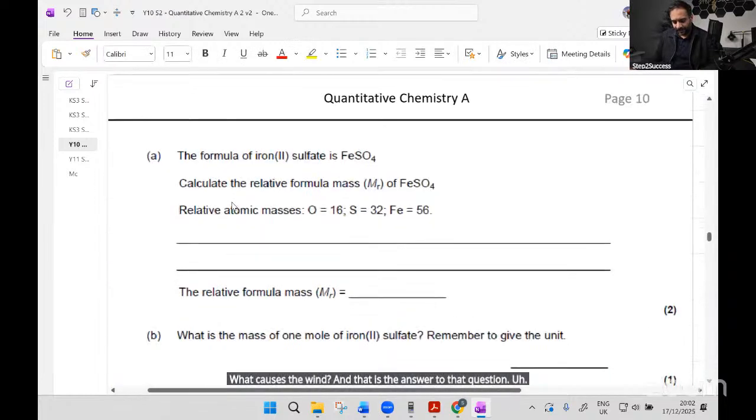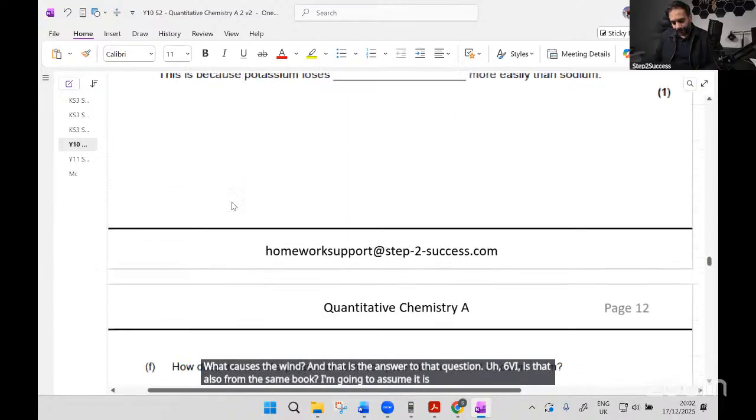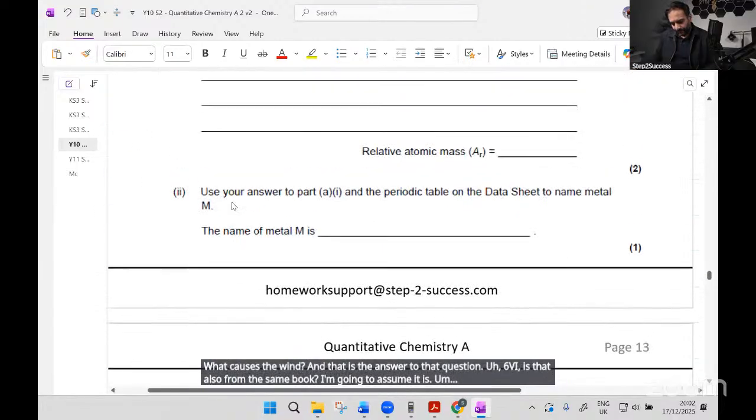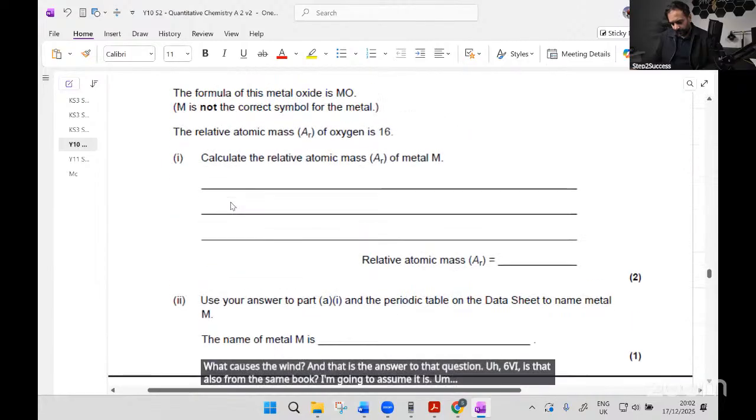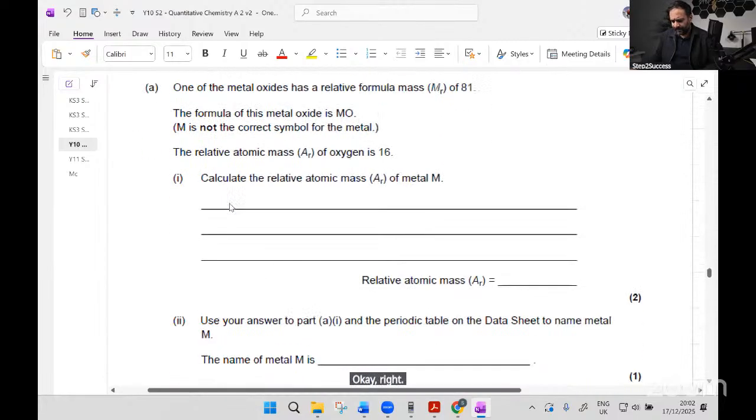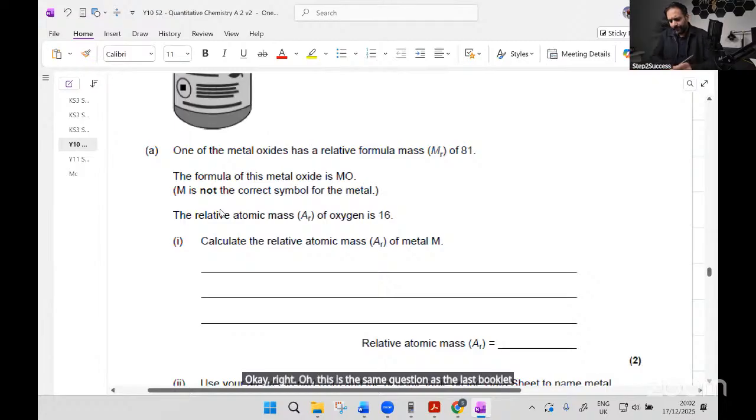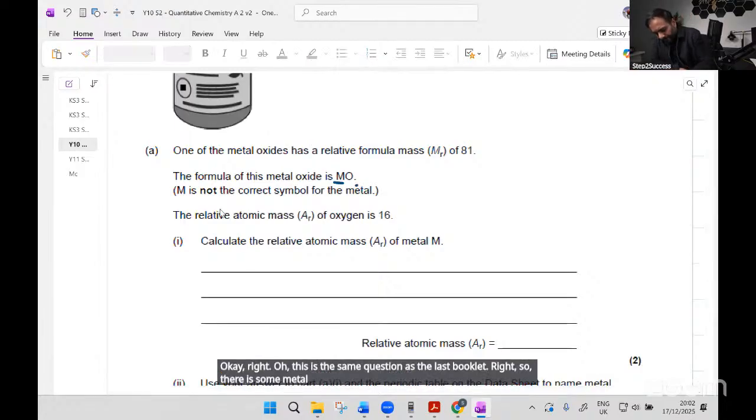6BI, is that also from the same booklet? I'm going to assume it is. Okay, right. Oh, I know, this is the same question as the last booklet. Right, so there is some metal oxide, something O. We don't know what the something is.